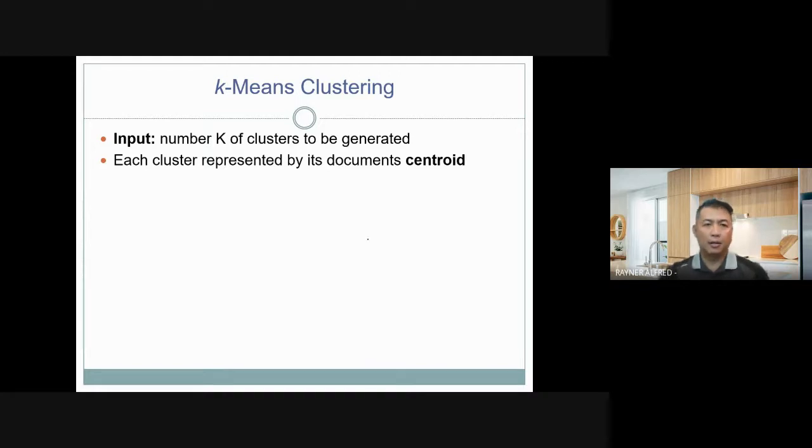For example, suppose we have K equal to 3. So we assume that there will be 3 clusters. At the center of each cluster will be one document that we have picked. The remaining documents will be assigned to the nearest neighbor.